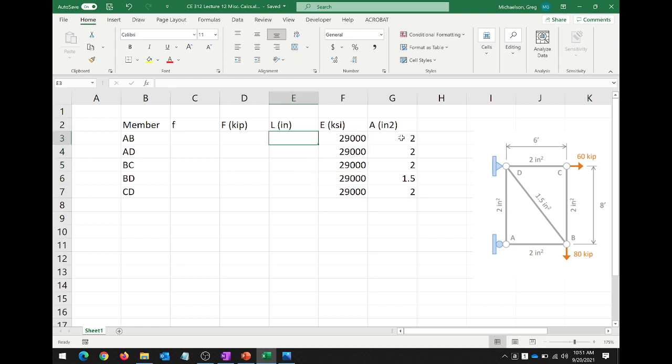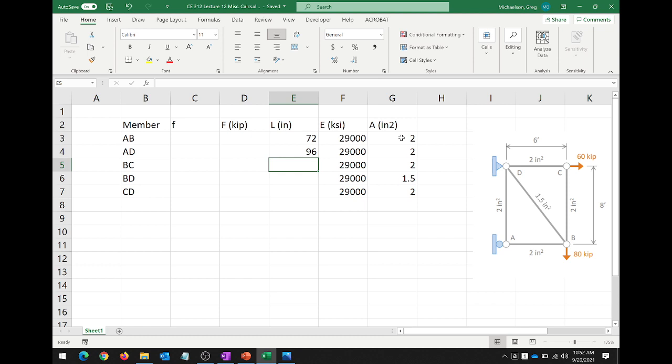Now let's take member AB. What do I put in this cell right here for AB? How long is member AB? 6 feet or 72 inches. So 6 times 12. What about member AD? There you go.